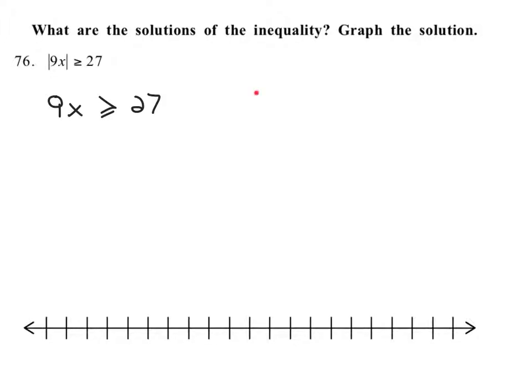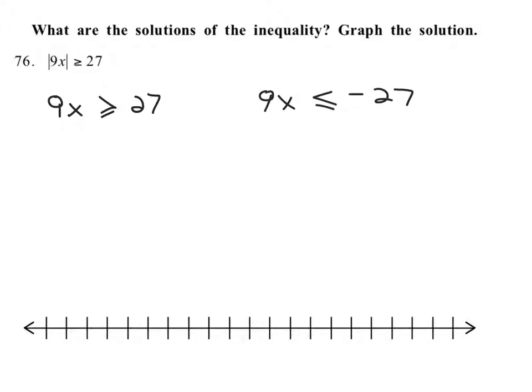Then we do it again where we take what's inside, 9x, except this time we make two changes to it. We turn this to the other direction and we make this negative, so we turn it like this and we make that a negative 27.